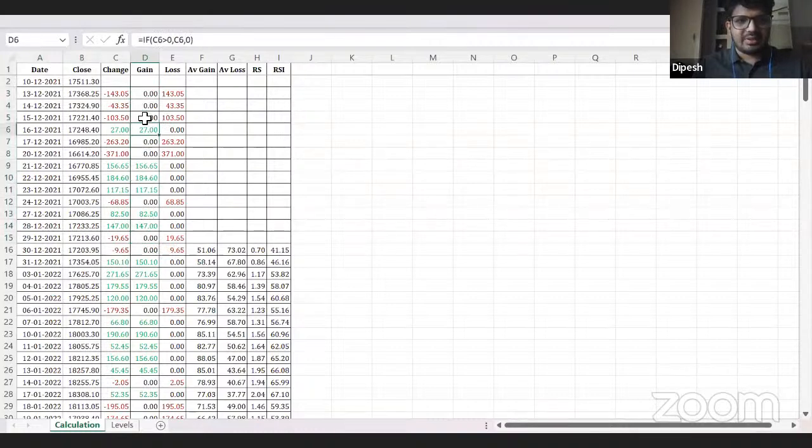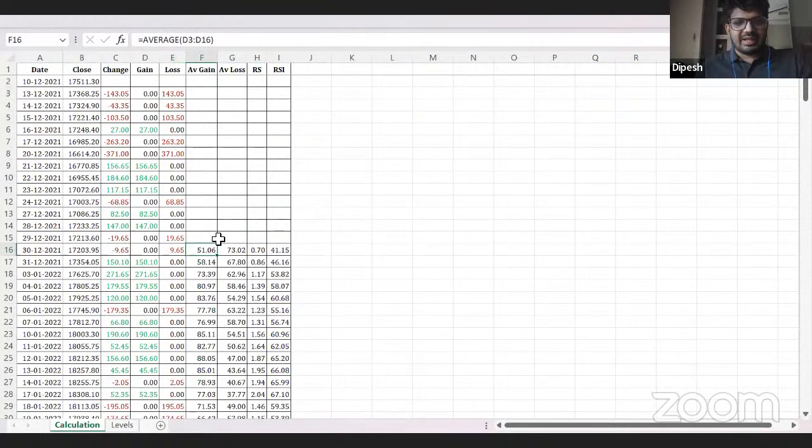There were 7 times in the last 14 days when the price closed above the previous close, and we've taken only those. Whenever the price closed below the previous close, we've ignored it and taken the value as 0. Similarly, while calculating the loss, we've considered the loss in absolute terms, and ignored when there was a profit, taking it as 0.